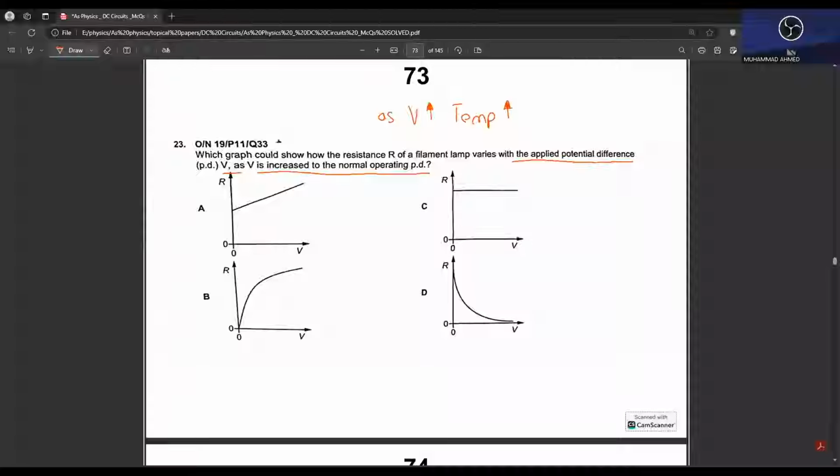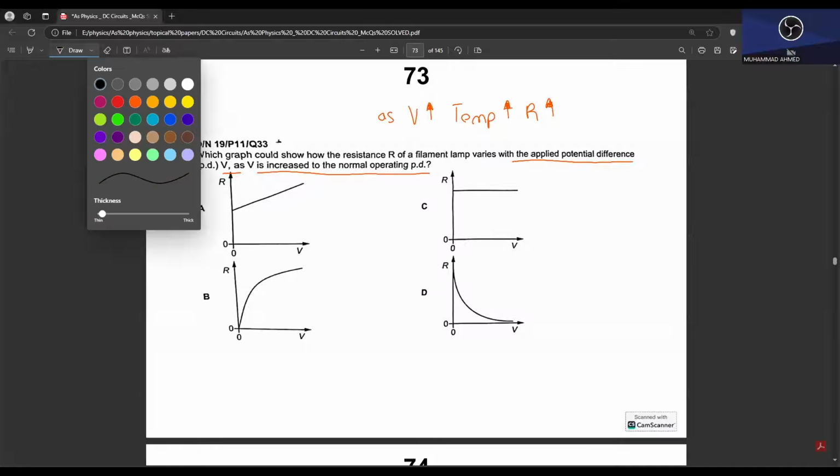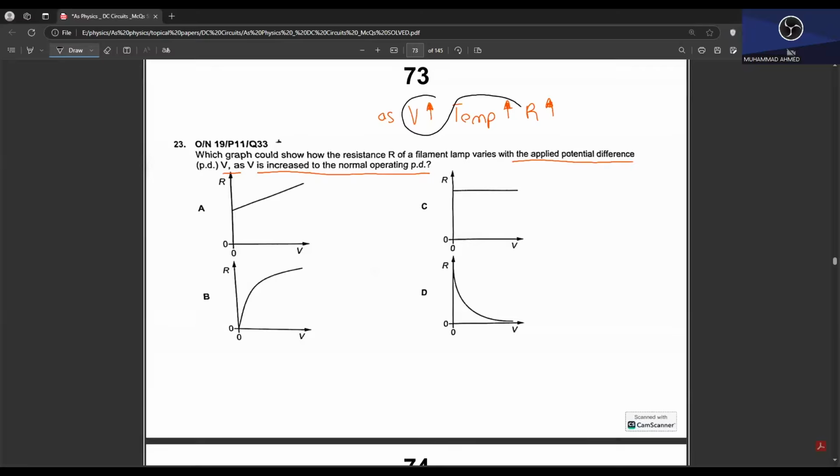As the temperature increases, your resistance increases. So both of them have a direct relation. If voltage is increasing, resistance will increase. So B cannot be your option, D cannot be your option, C cannot be your option. A is the only possible curve for a direct relationship.